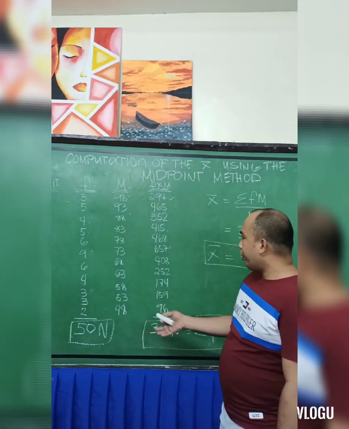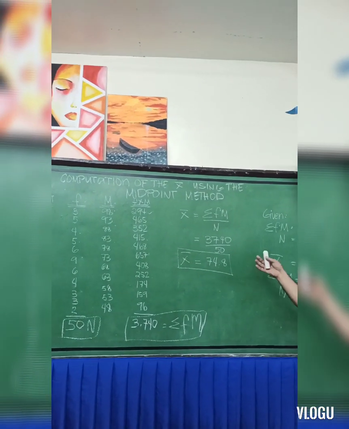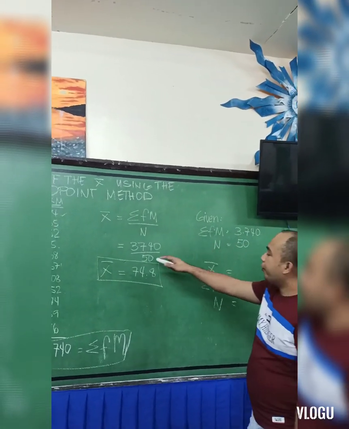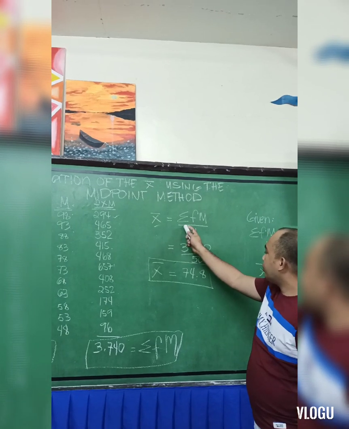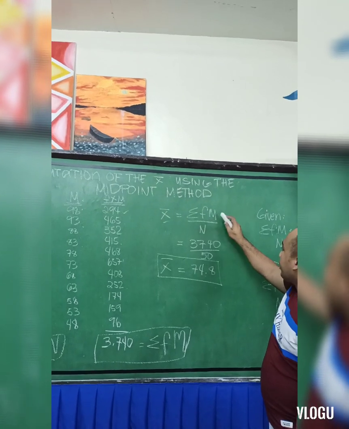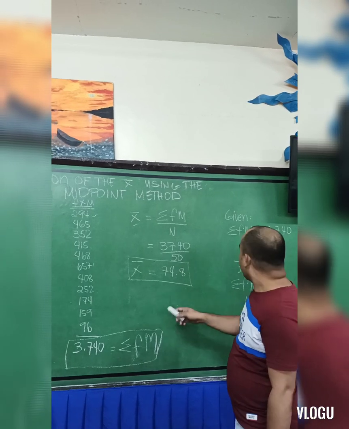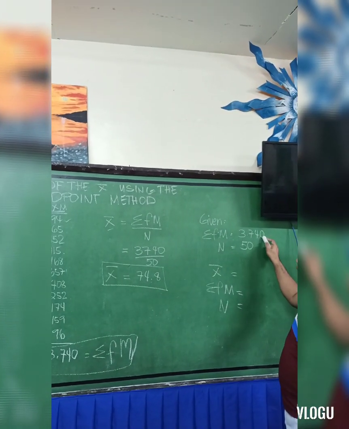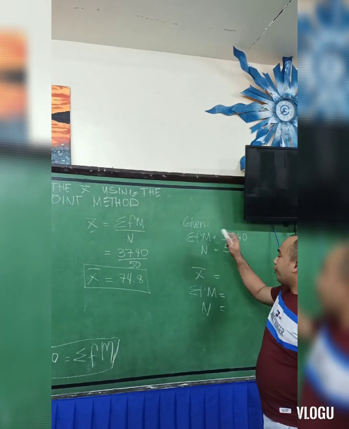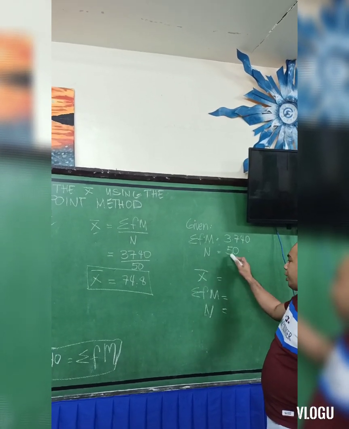So let's proceed to the computation of the arithmetic mean using the product of frequency and midpoint. The formula of arithmetic mean is equal to the summation of the product of frequency times midpoint divided by the number of cases. We have 3,740 as our summation, and the number of cases, we have 50.